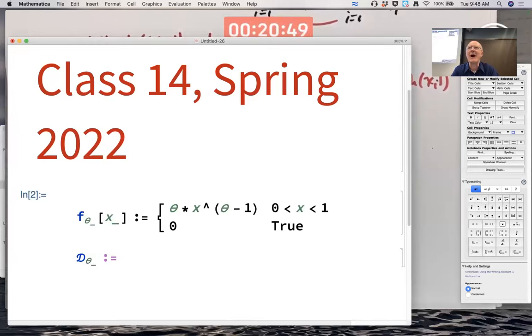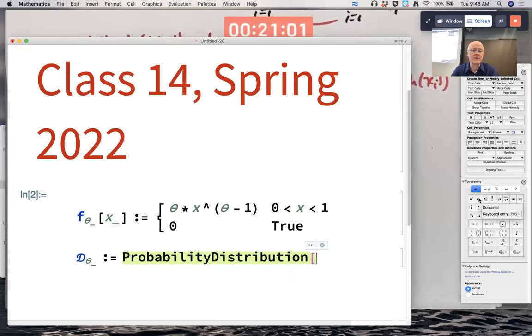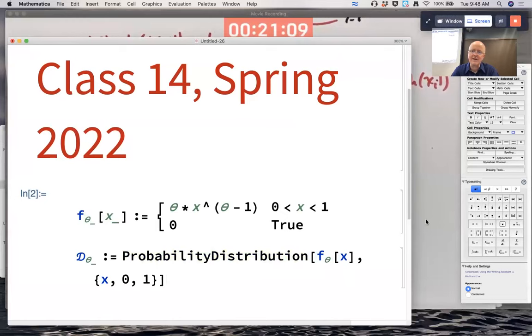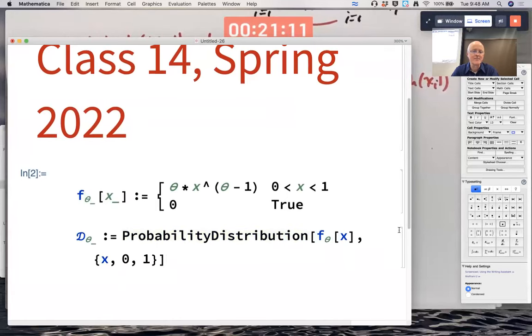Okay, so ProbabilityDistribution is what we wanted to use. Probably will have you do some Mathematica for your next assignment, similar to what I'm showing you here. F sub theta of x, x goes from 0 to 1, is the domain where the PDF is positive. That needs to be put in there.